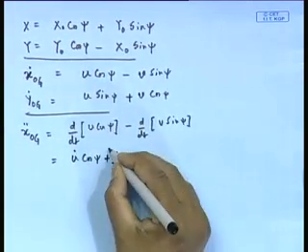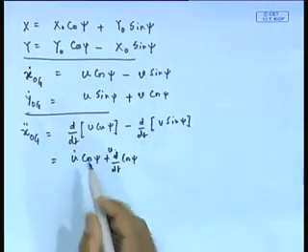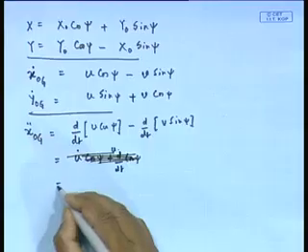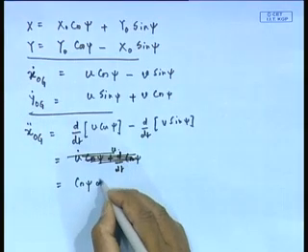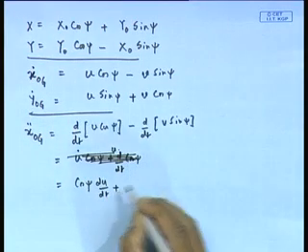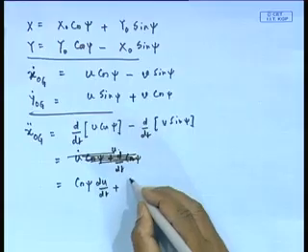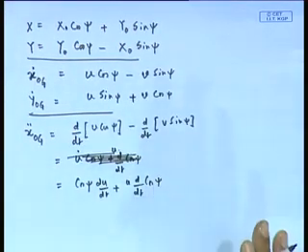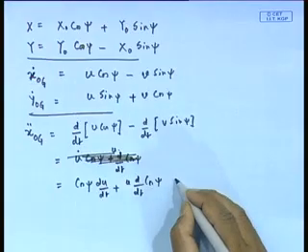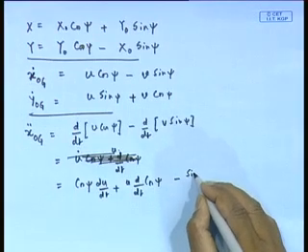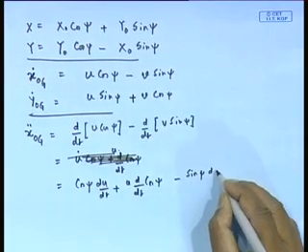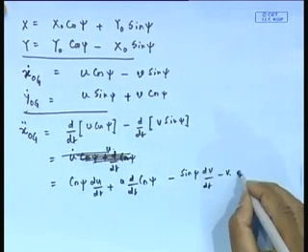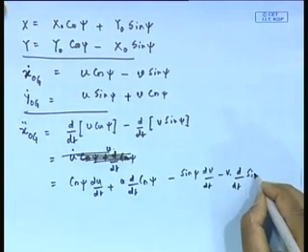Let me write it down separately: cos psi du by dt plus u d by dt of cos psi. Similarly, this side becomes sin psi dv by dt minus v into d by dt of sin psi.